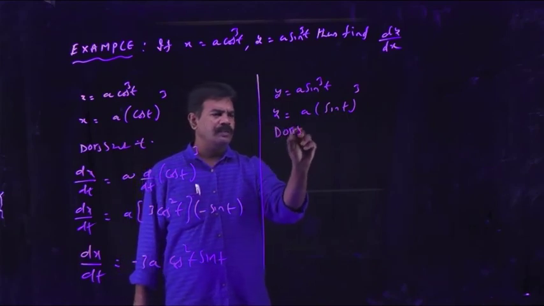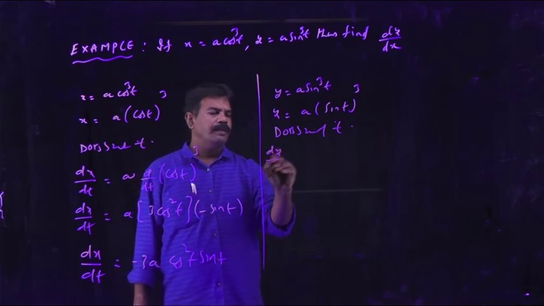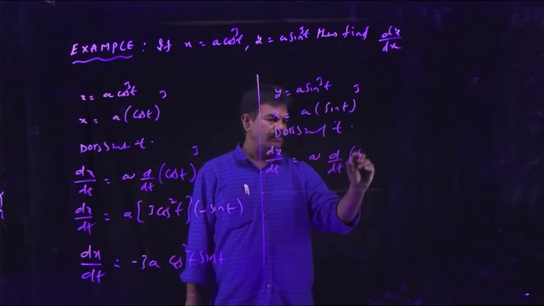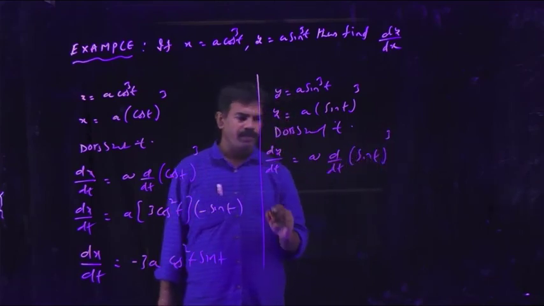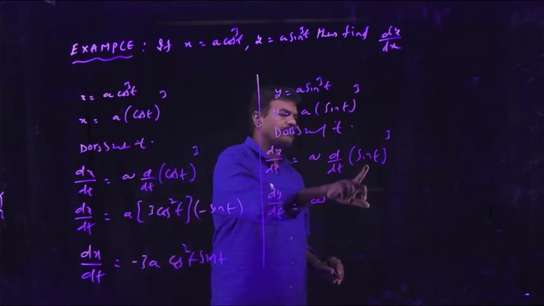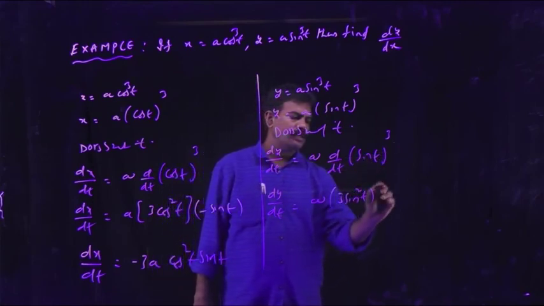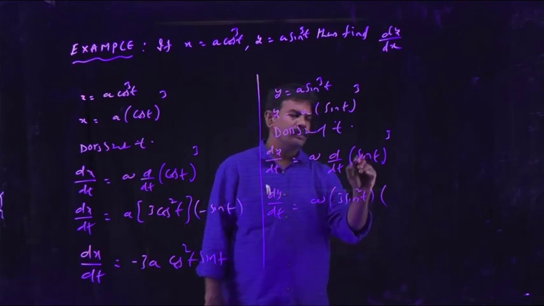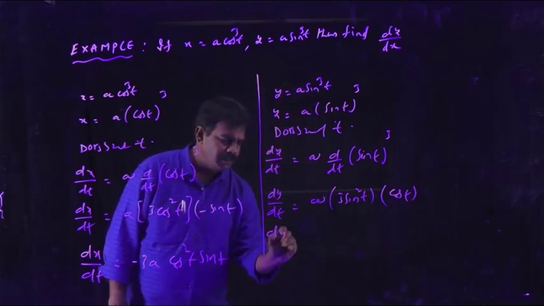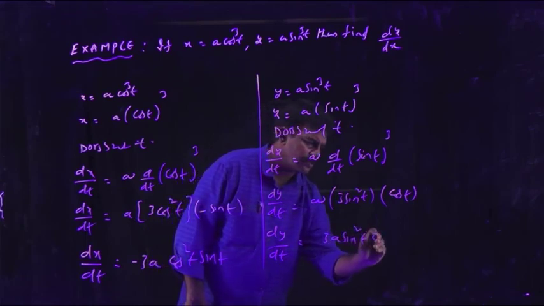Differentiating on both sides with respect to t, dy by dt is equal to a into d by dt of sin t whole power 3. Here also the same formula, x power n. We write it 3 into sin square t into the derivative of sin t, which is cos t. That is dy by dt is equal to 3a into sin square t into cos t.